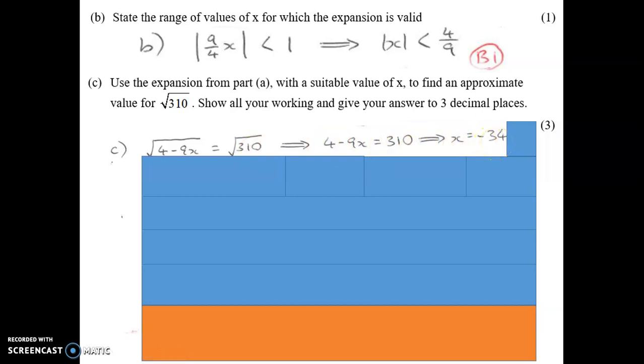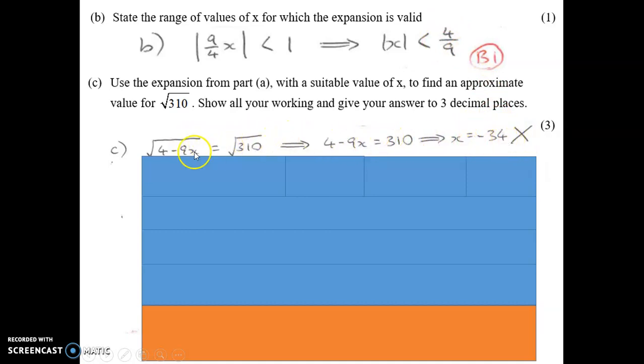But we know that this approximation only works if the modulus of x is less than 4/9. Well, the modulus of negative 34 is 34. It's definitely not less than 4/9. So unfortunately, that approach won't work.